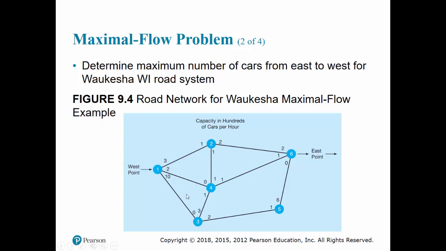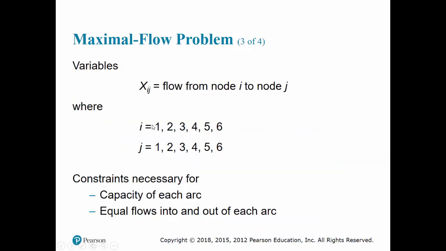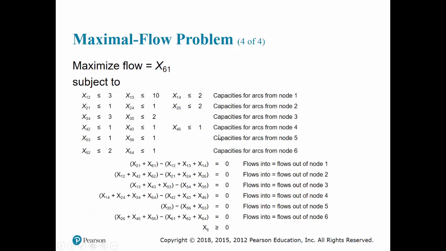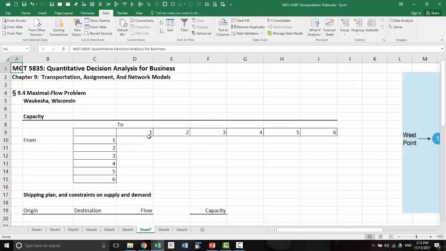The problem is maximum flow. What is the maximum number of cars that can flow from here to here? You can set this up as a linear programming problem, and we're going to set this up in Excel. The first thing to do is to enter all the capacities. From each node to the other node, what is the arc capacity?